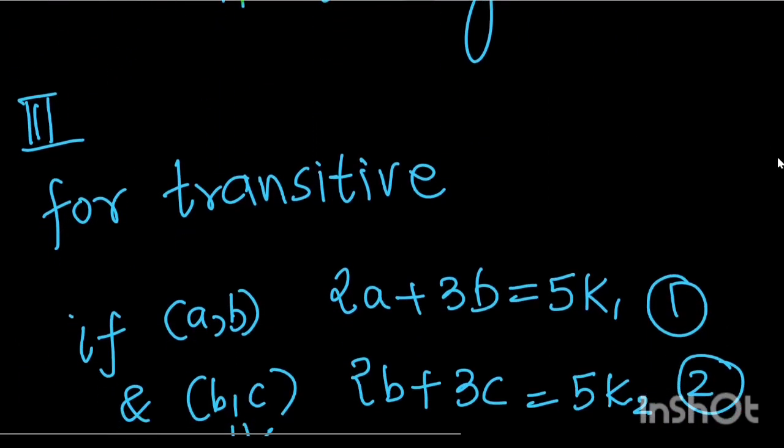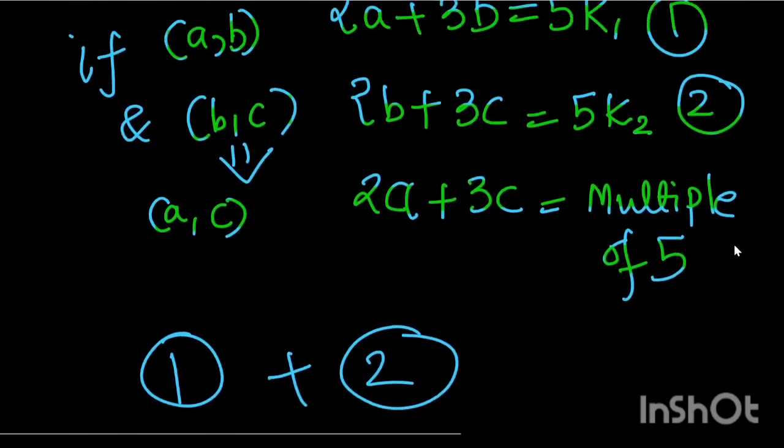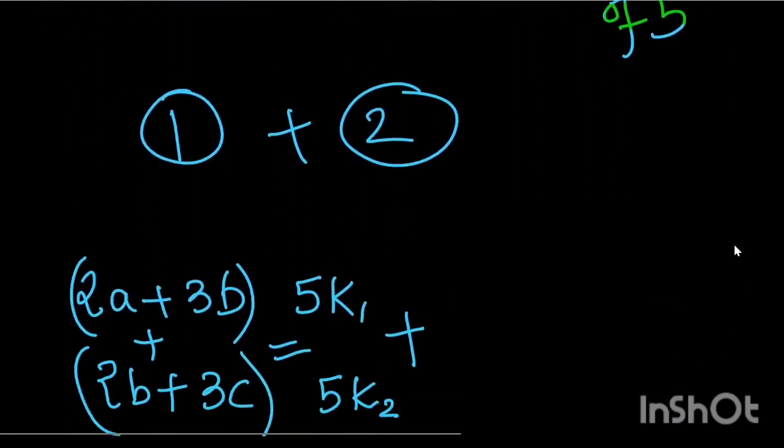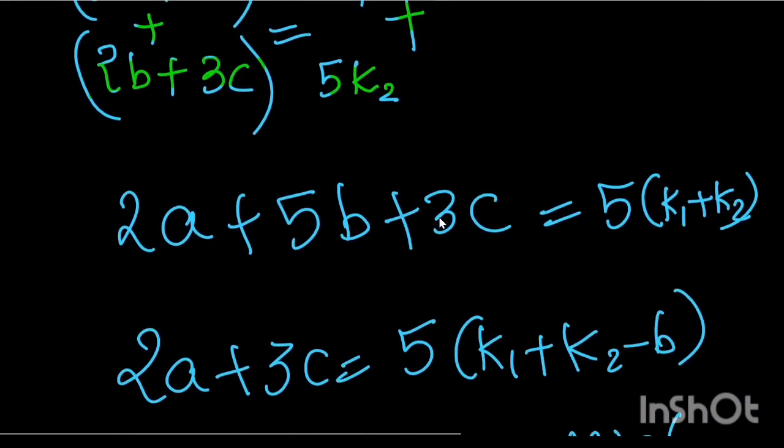For transitive, as we have seen in the hint, if (a, b) and (b, c), then (a, c) is true, means we have to prove that 2a plus 3c is a multiple of 5 if these two expressions are multiples of 5. So adding the first and second equations, we will get this equals 5, taking 5 common, 5(k1 plus k2).